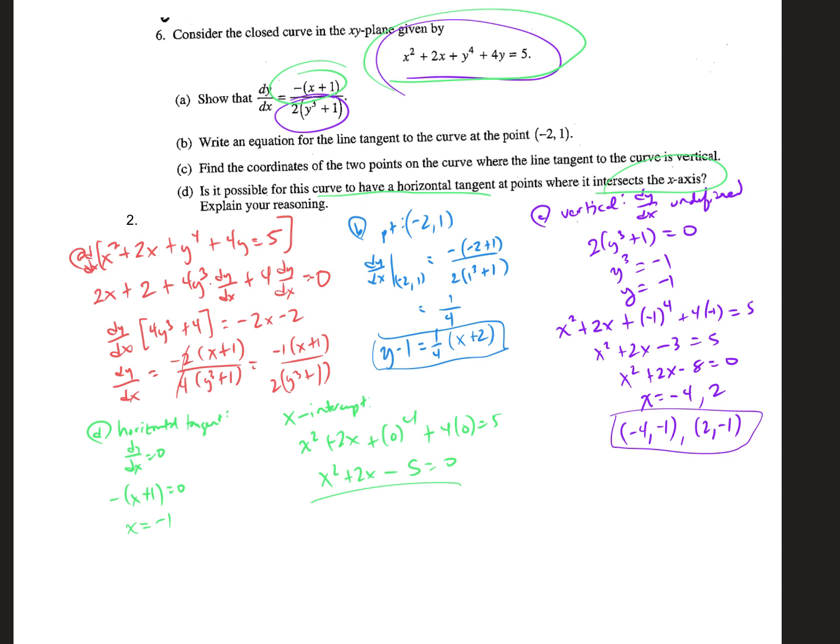Now, this means that we have an x-intercept. This means that the tangent line is horizontal. If I try to stick -1 in for the x over here, I'm going to get a statement that is not true. In fact, I think I'll get 1 minus 2 minus 5, which is -6 equals 0. Since this condition and this condition aren't compatible, no, it's not possible, because you can't have a horizontal tangent line at the same spot you're intersecting the x-axis.